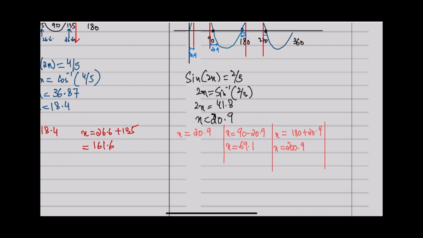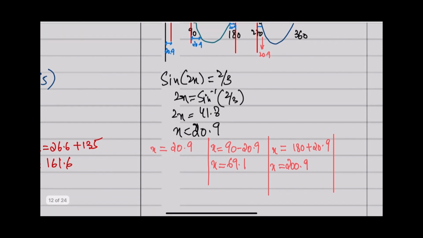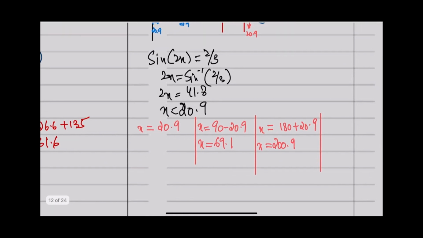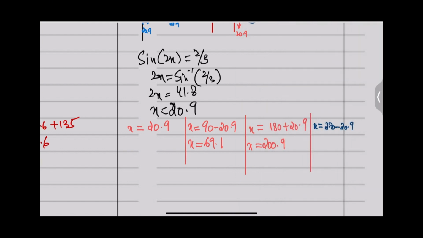And the last one, same thing, the fourth point is 20.9 before it had reached 270. So I can write this as x equals 270 minus 20.9, 249.1.